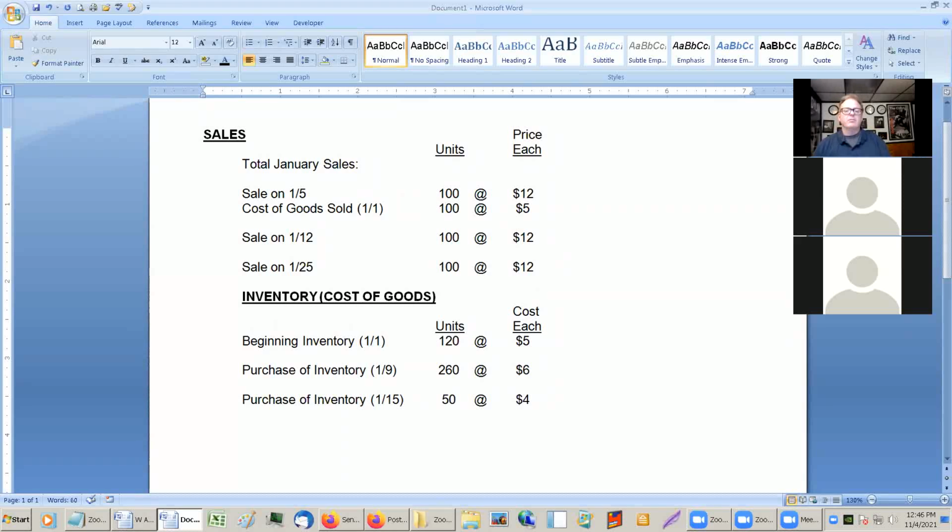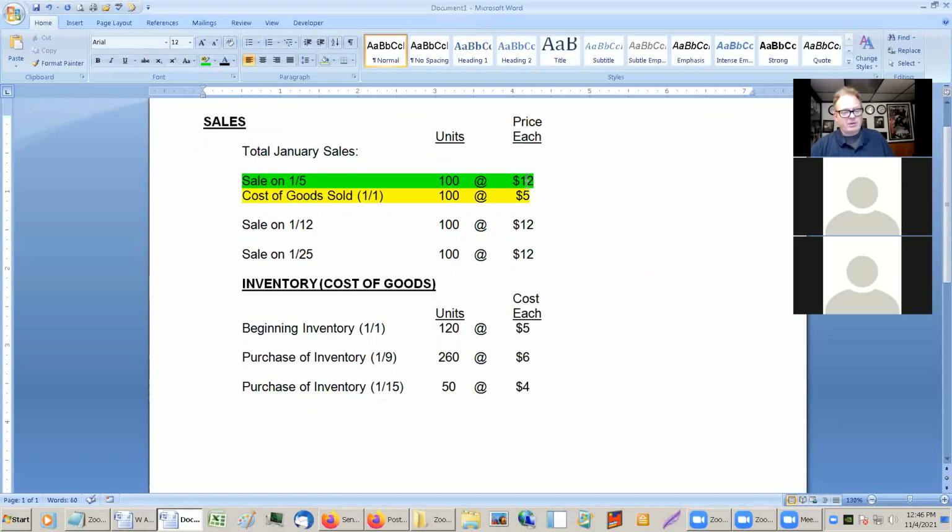We'd only take 100 of them. We get 5. So this would be the cost of goods sold for that sale. You do it for every single sale, you'd have to take it separately. LIFO is a little bit difficult because the last ones in will change, or they can change, I should say.